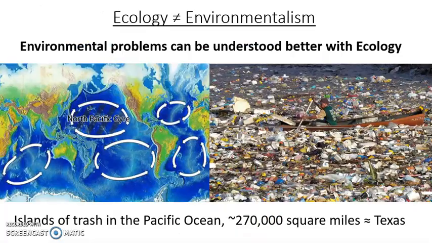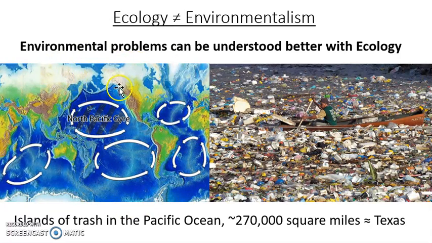And when we look at this idea of ecology, a lot of people think that ecologists are going to be the tree huggers out there, and really that is sort of a misnomer from some fake news out there. When you're looking at ecology, this is not the same as an environmentalist. We do understand a little bit more about these environmental problems when we look at ecology, and here's a good example.